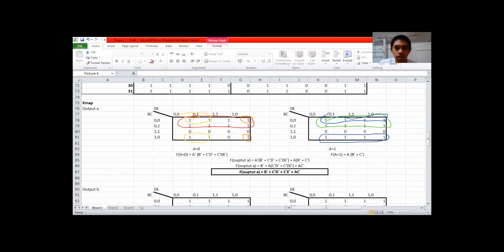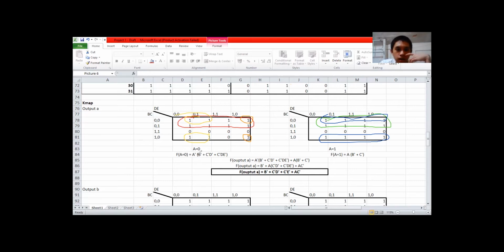So for the logic function, first one is the red group wherein A is equal to 0, B is unchanged, which is 0, and then the C, D, and E literals are changed. Therefore, we are left here with A prime multiplied by B prime.